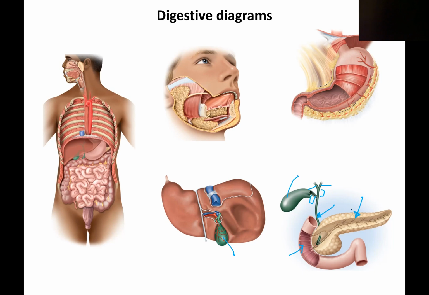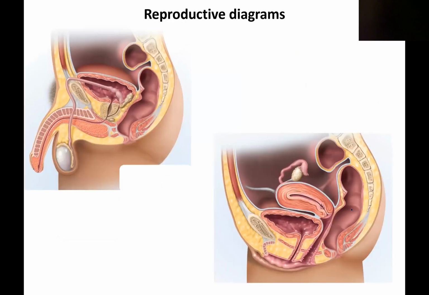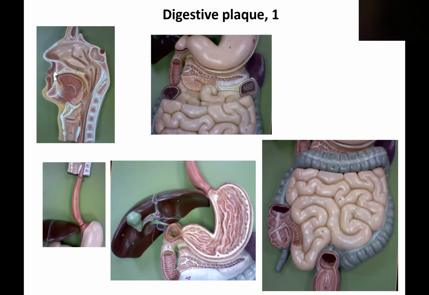All right, so then let's take a look at the models. Here you have the hard palate, the tongue, which is going to be all of this, the soft palate, the esophagus, the gastroesophageal sphincter, the forestomach, the fundus of the stomach, body of the stomach on the inside, body of the stomach.